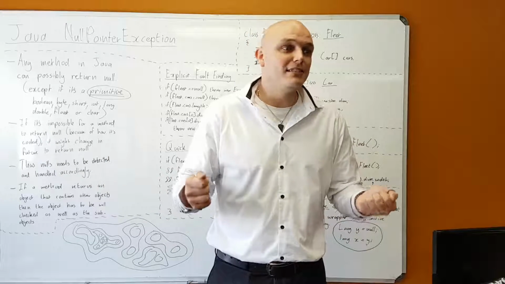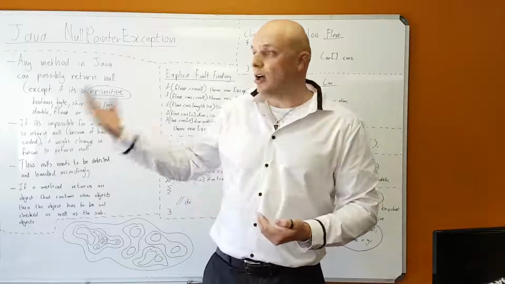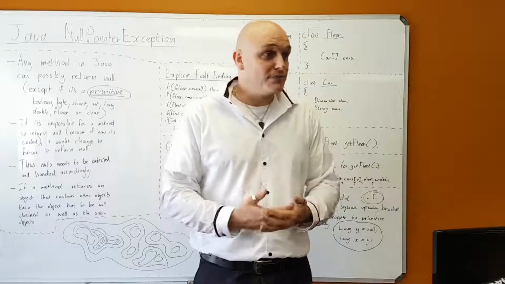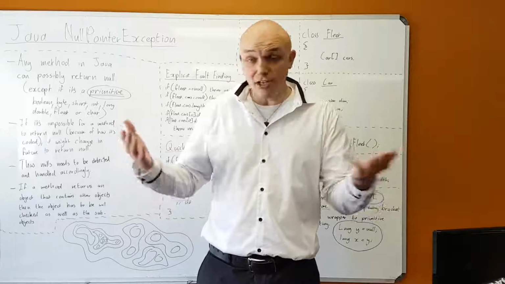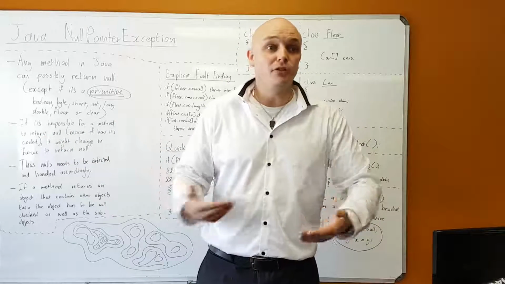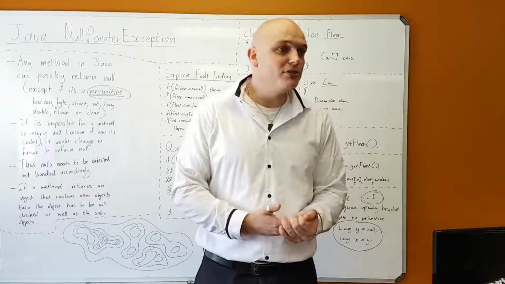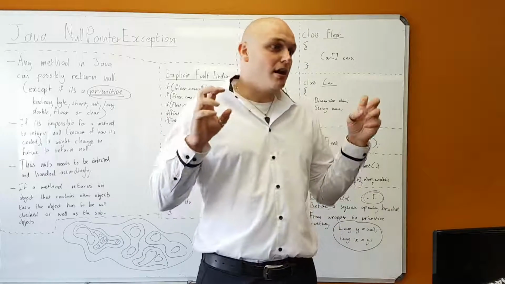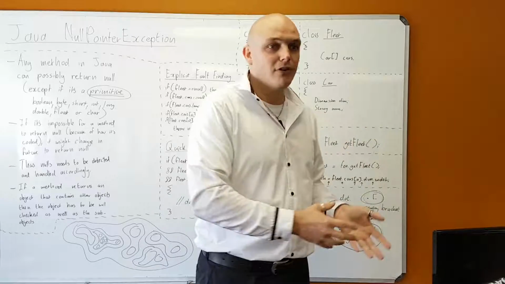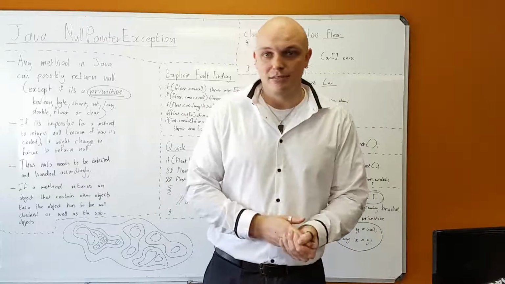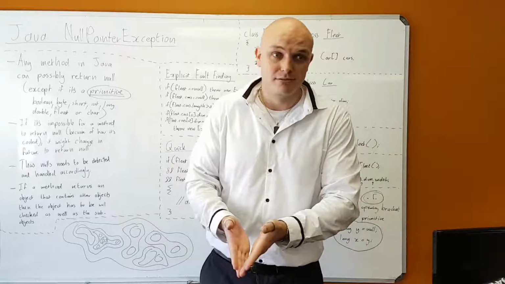Then at least if it occurs online or in an app, or if it gets printed to a log, it tells you exactly what the problem is. So the fix is going to be easy. You don't have to sit and try and emulate it on your local environment or anything like that. It tells you exactly where the problem is. Okay.